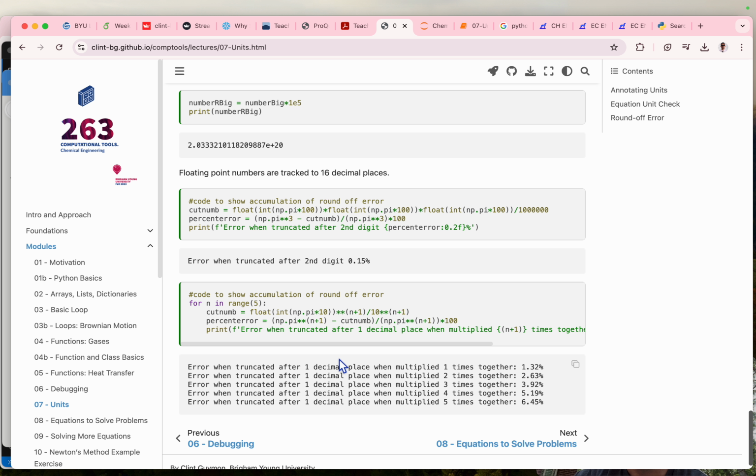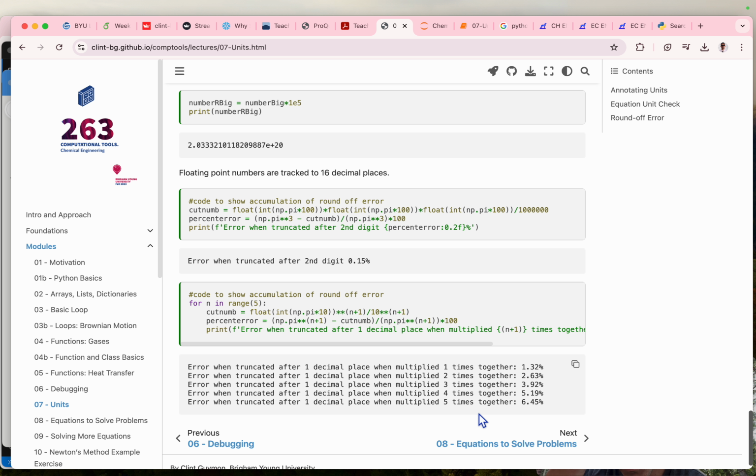And this here is an example of a program I wrote, just a short one, for loop for seeing what kind of errors are introduced if you truncate to one decimal place. And I've done it here where you multiply the same number, in this case pi, that's been truncated to one digit after the decimal, 3.1 for instance, and the number of times multiplied together, how much error you're introducing.